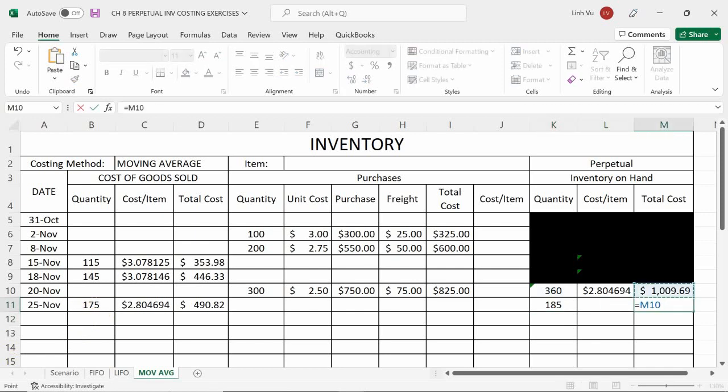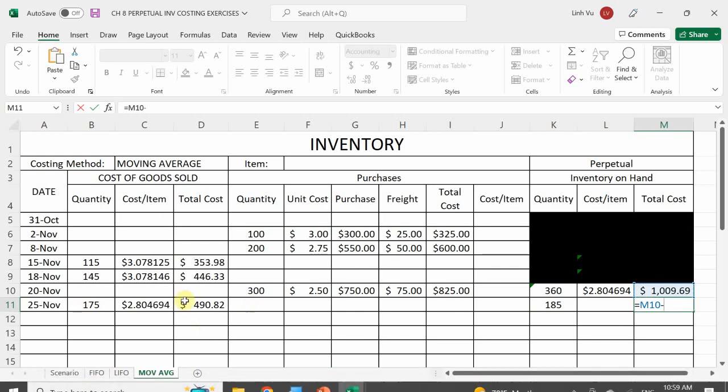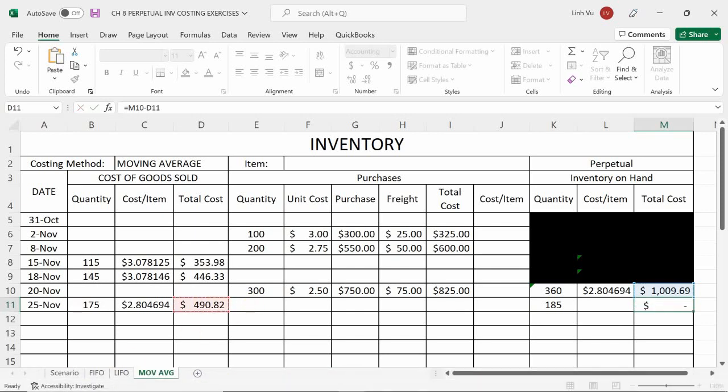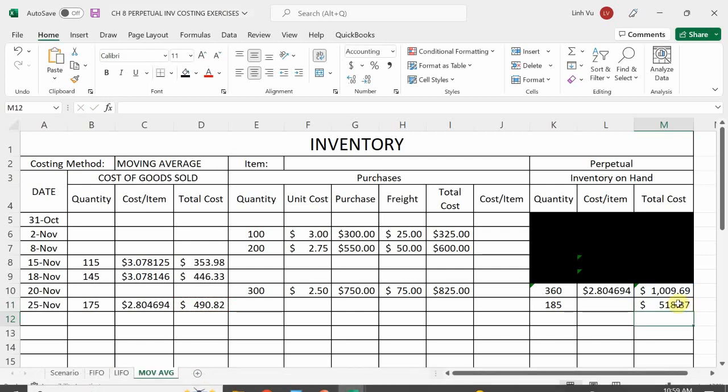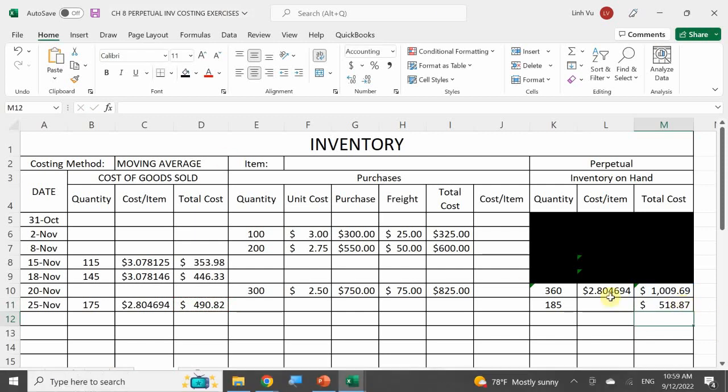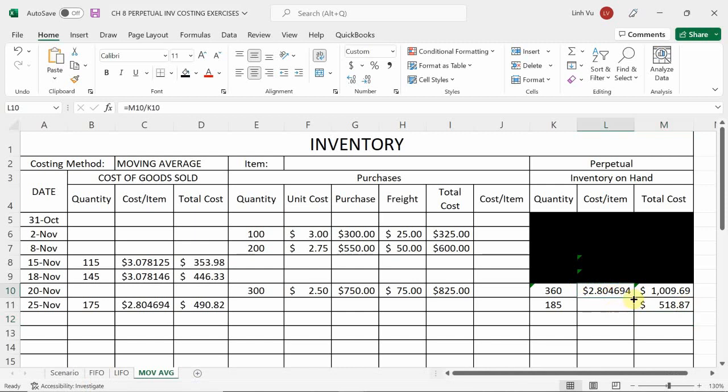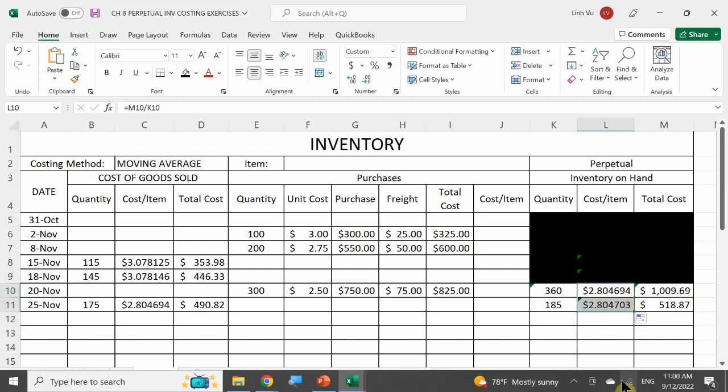And then 82, 518.87. So then, what is my new average cost per item? 2.804702. Okay, so now we're at 702.